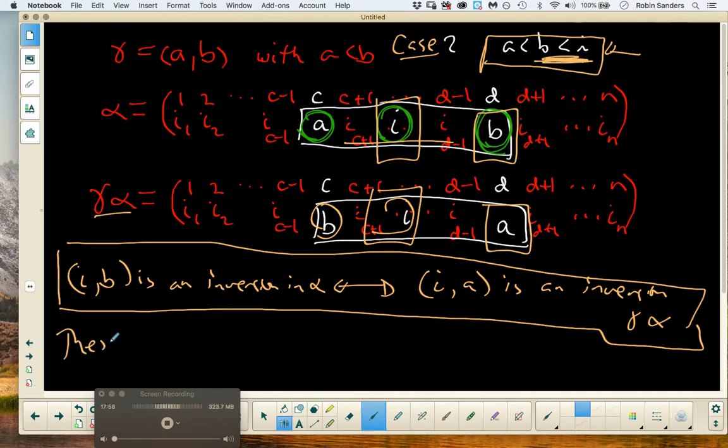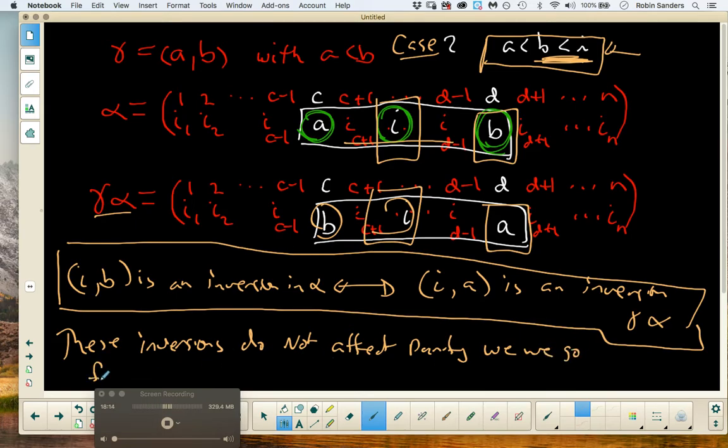So these inversions also do not affect the parity when we go from alpha to first do alpha, then do gamma. Well, let's see, that leaves case 3.